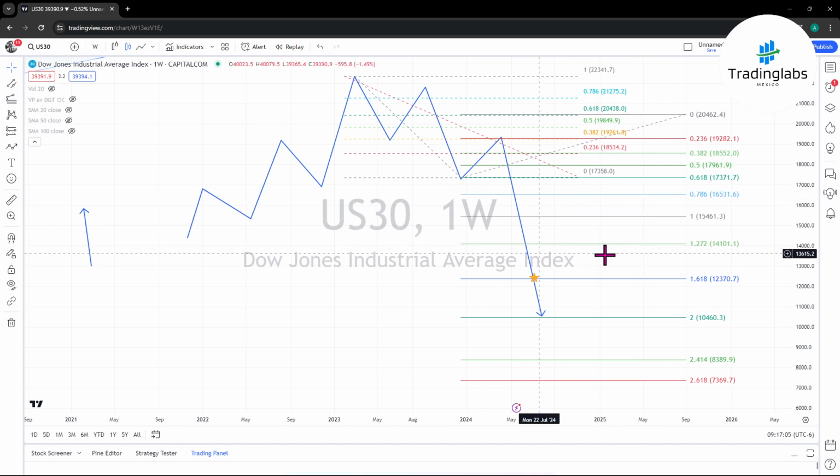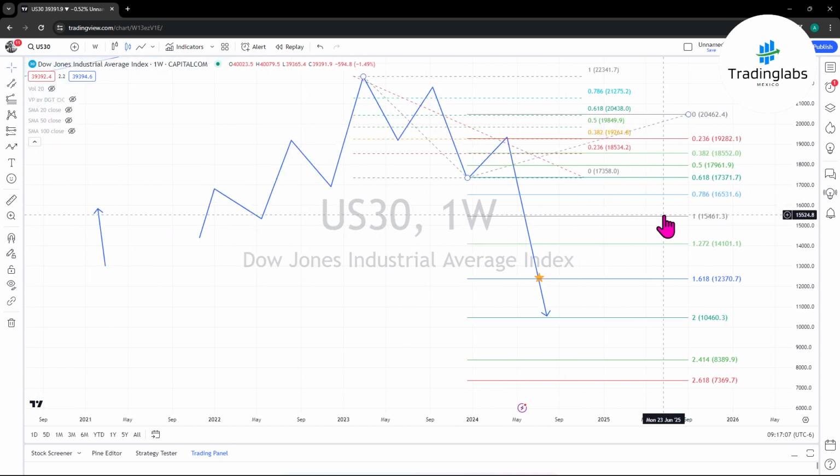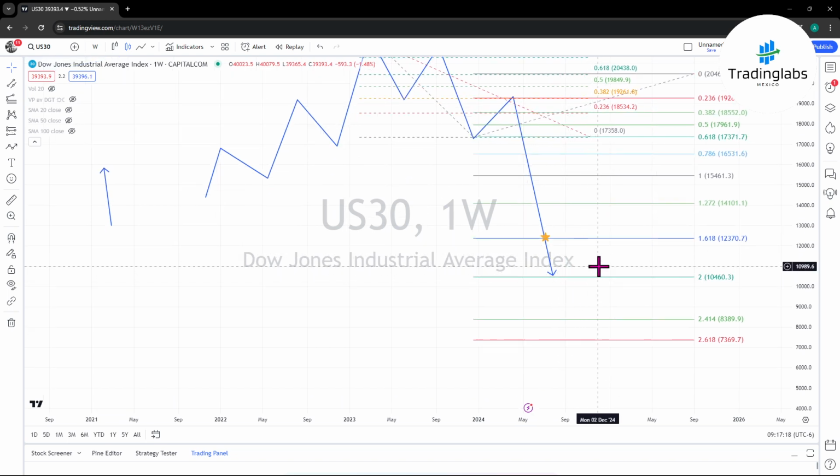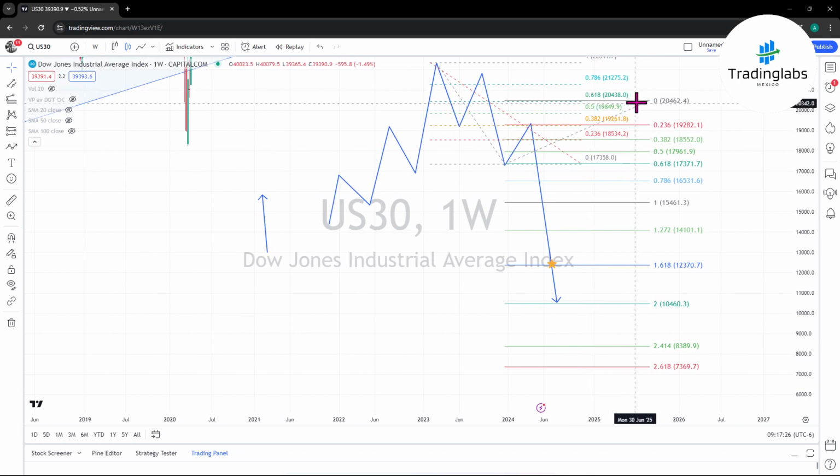Each line, this is not mandatory and this is not a law, but it can give you a forecast, right? Each line gives you a take profit line or done for the day, because we are not swing traders, all right?